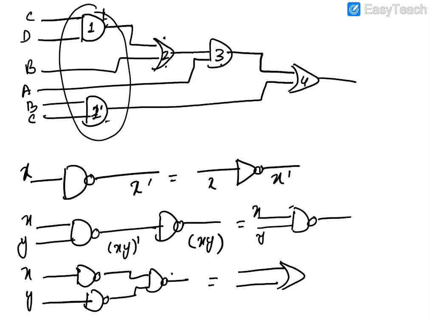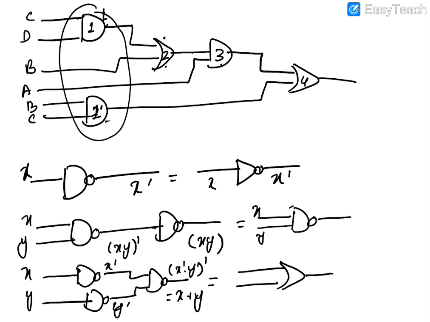Here you can see if we have x prime, y prime, x prime, y prime whole prime, it is equal to x plus y using De Morgan's law, which is equal to OR gate.